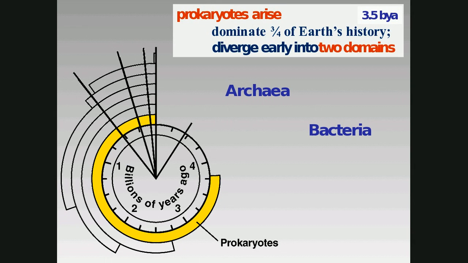Now, the Archaeans, when we get back and discuss, did we finish the prokaryote chapter? No, we didn't. The Archaeans are prokaryotes who we think may have been some of the first earliest ones on the planet because they can live in really extreme conditions.